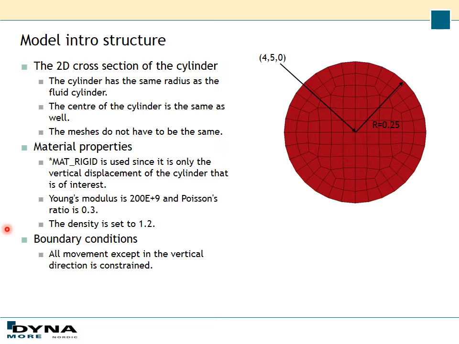And if you remember the fluid case, we set the density to 1, so the fluid and the structure have a similar density. And for the boundary conditions, we will constrain all movements except the vertical displacement of the structure.